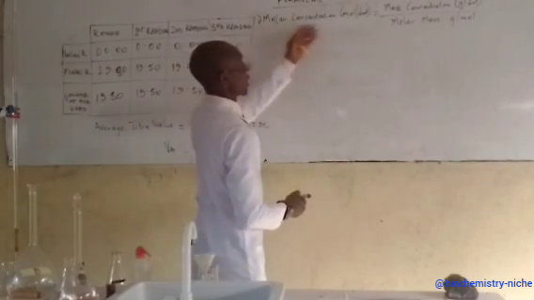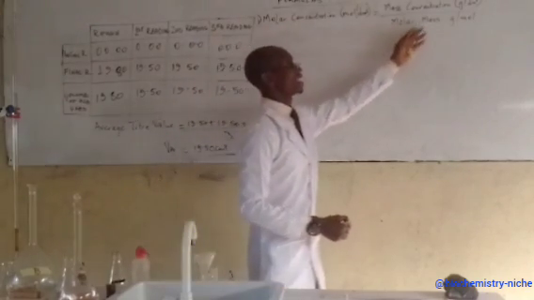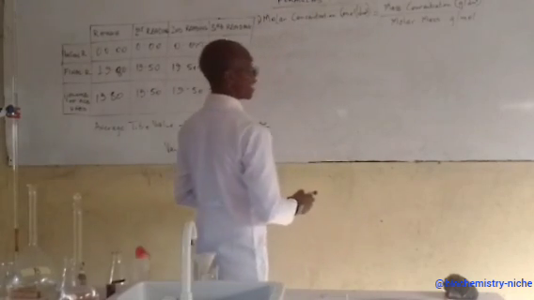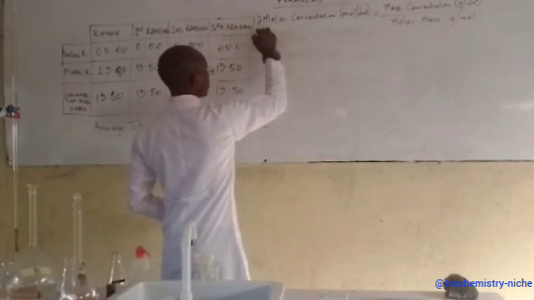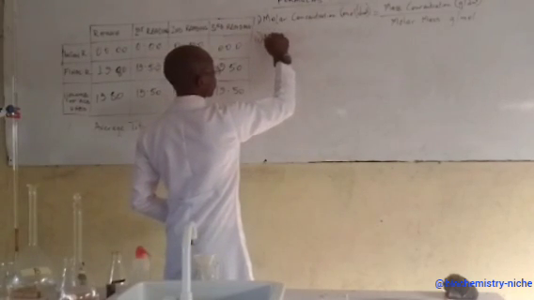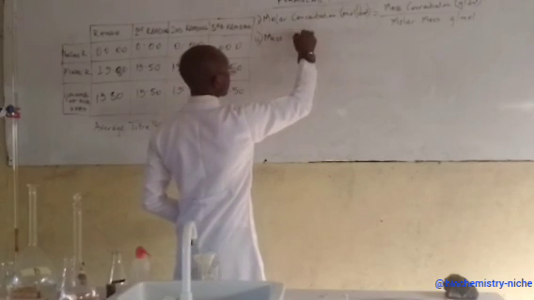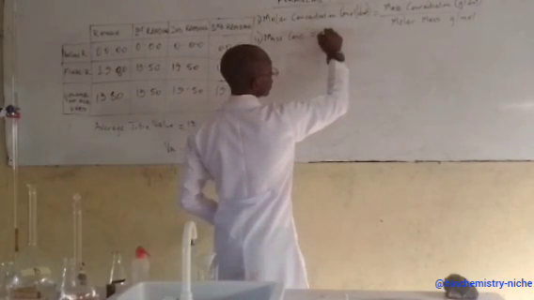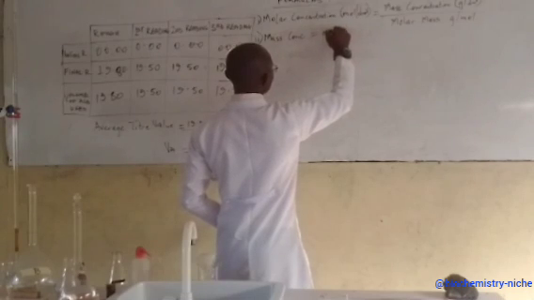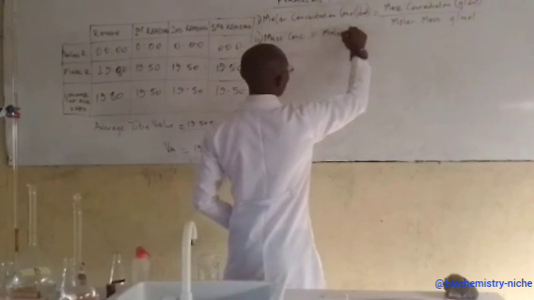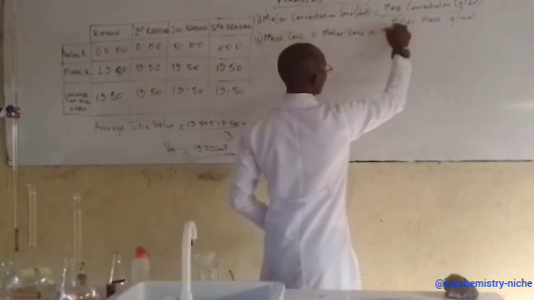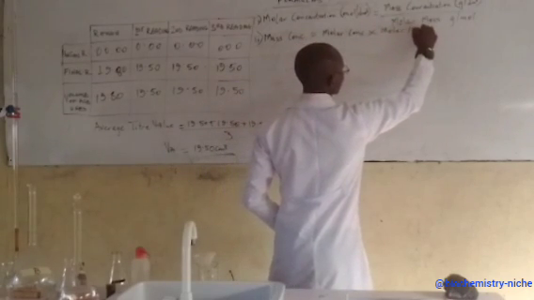Now, from molar concentration, we can actually get the formula for molar mass and the formula for mass concentration. Example, if you need the formula for mass concentration, it is going to be molar concentration multiplied by molar mass.